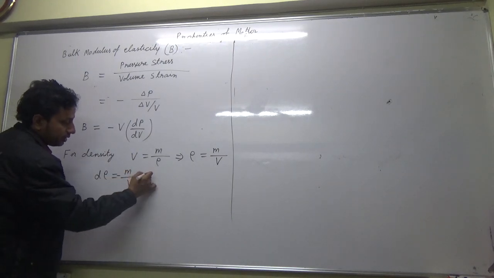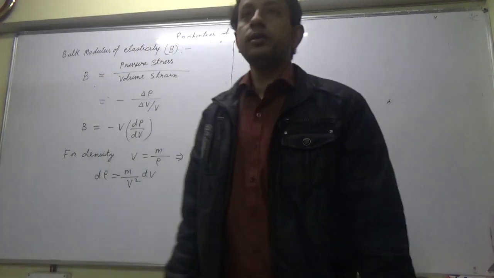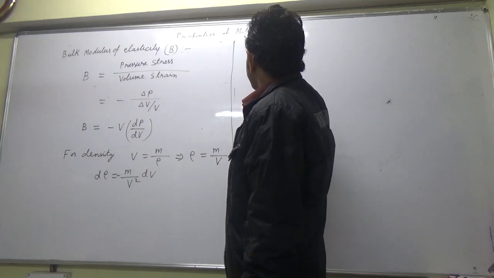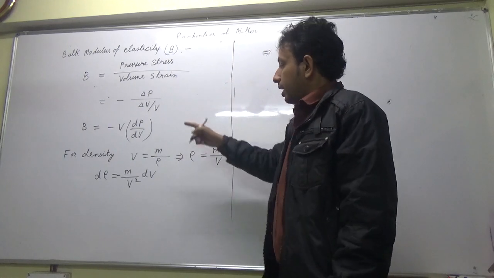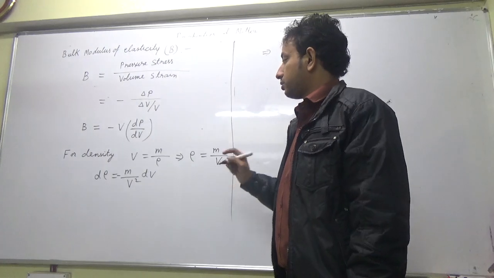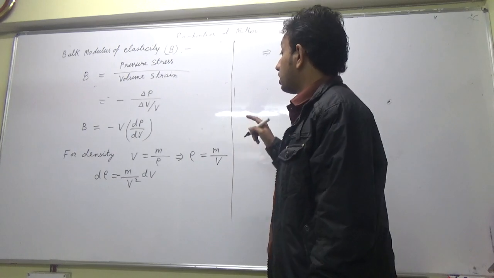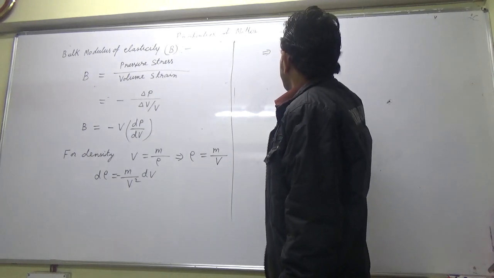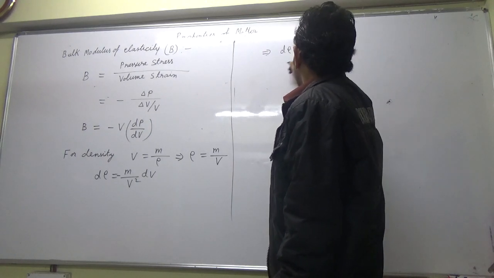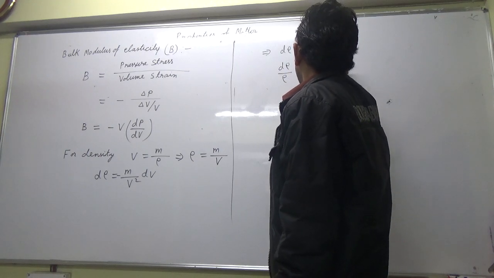Differentiating, after differentiating we can write like this. Or we can write m by v as 1 by rho. Okay? So d rho equal to minus rho by v dv, or we can write d rho by rho equal to minus dv by v.